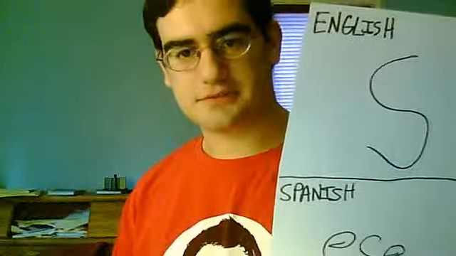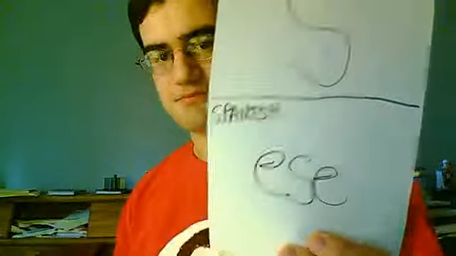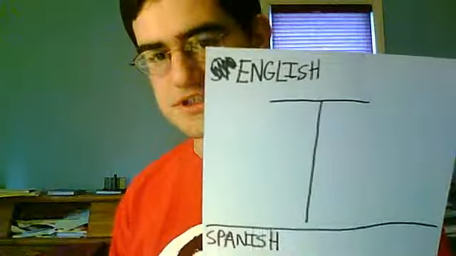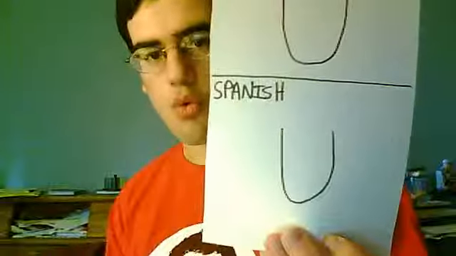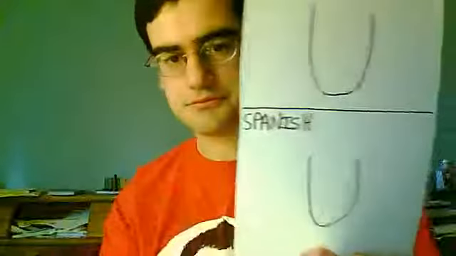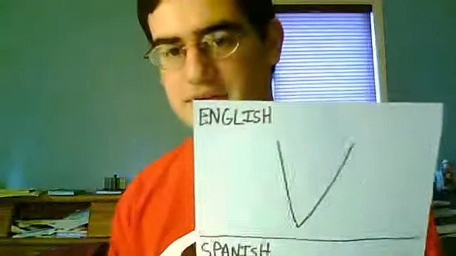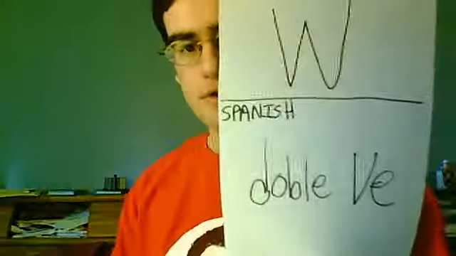Let's see here. S. S is "ese." T. "Tay." U. "Oo." Basically, two O's. V. "Oo-vay." W. "Doble oo-vay."